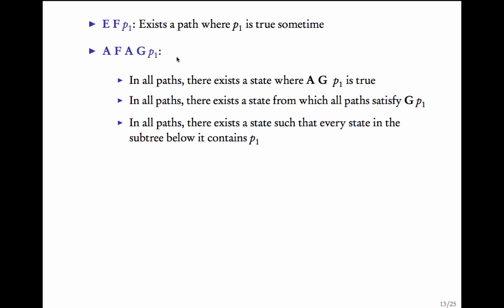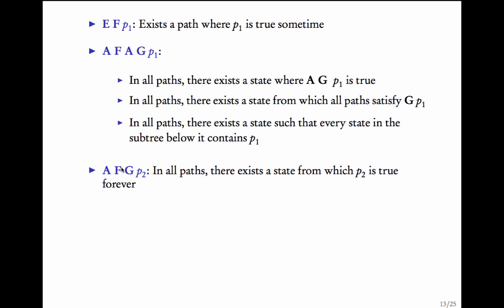This is for AG P1. What about AF G P2? In all paths, there exists a state where G P2 is true. That means P2 is true forever starting from that state. In all paths, there exists a state from which P2 is true forever.